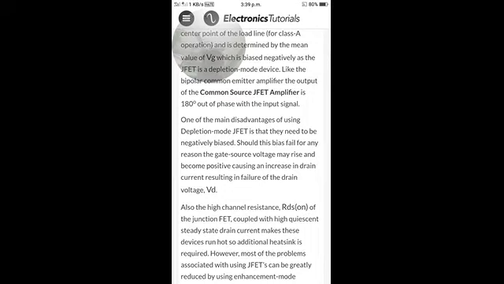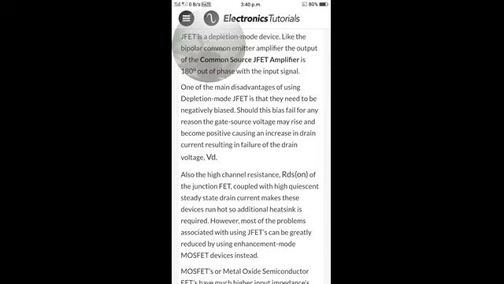If the bias fails, the gate source voltage may rise and become positive, causing an increase in the drain current, resulting in the failure of the JFET.